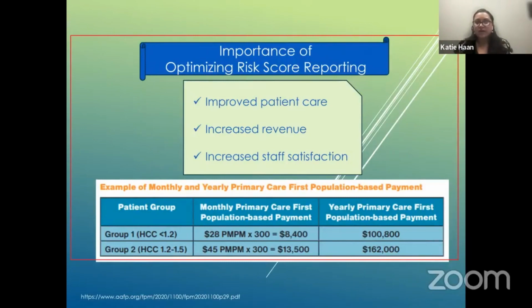And through a shared ACO, through an integrated EMR, these providers are able to talk to one another. So the cardiologist can talk to the pulmonologist and the nephrologist, and it really is able to increase that care and that communication. We have an example here of the monthly and yearly primary care population-based payment.